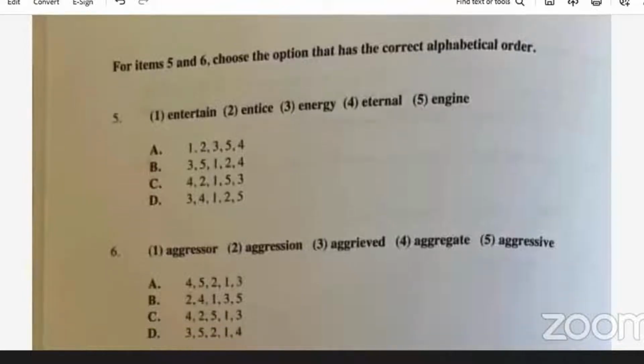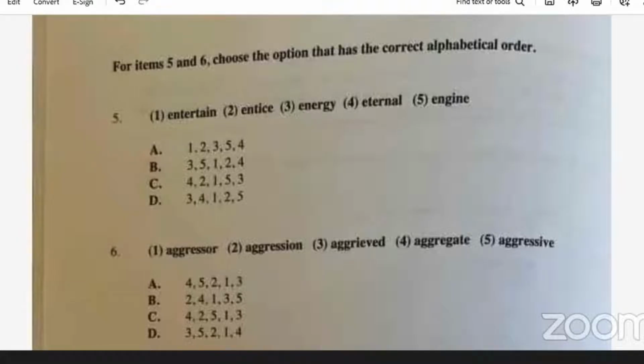All right, so for items 5 and 6, you're going to choose the option that has the correct alphabetical order. So for question 5, we have the words entertain, entice, energy, eternal, and engine. And so what you're going to be doing is looking to see the order in which they would appear in the dictionary. So we start with the first letter. They're all having the same letter that begins. And then, of course, when we get to the second letter, that's where there's a little bit of a variety.